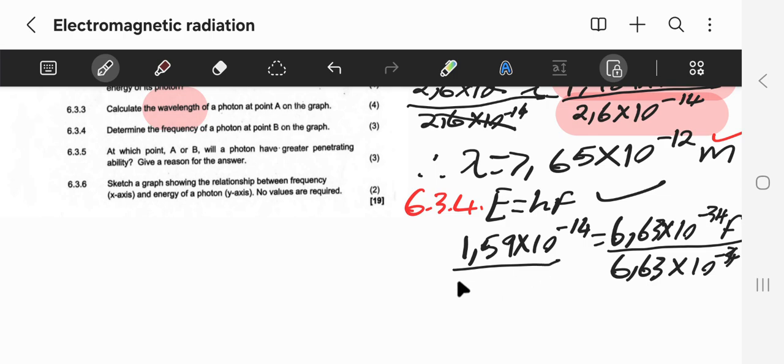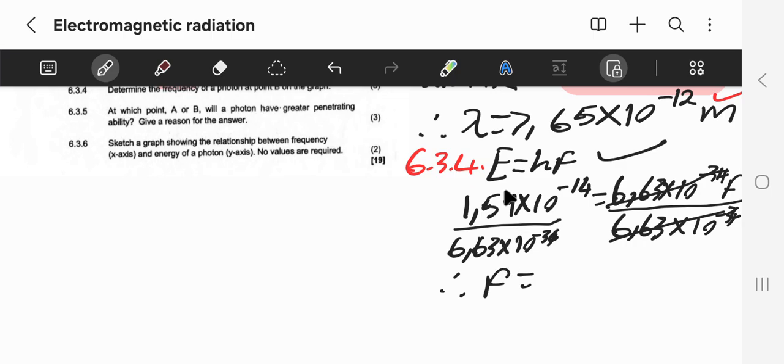And I should do this on the other side as well. 6,63 times 10 to the power of negative 34. These are going to cancel. Therefore, my frequency is what? I'm going to take this exactly as it is, put it on the calculator, and find my answer.